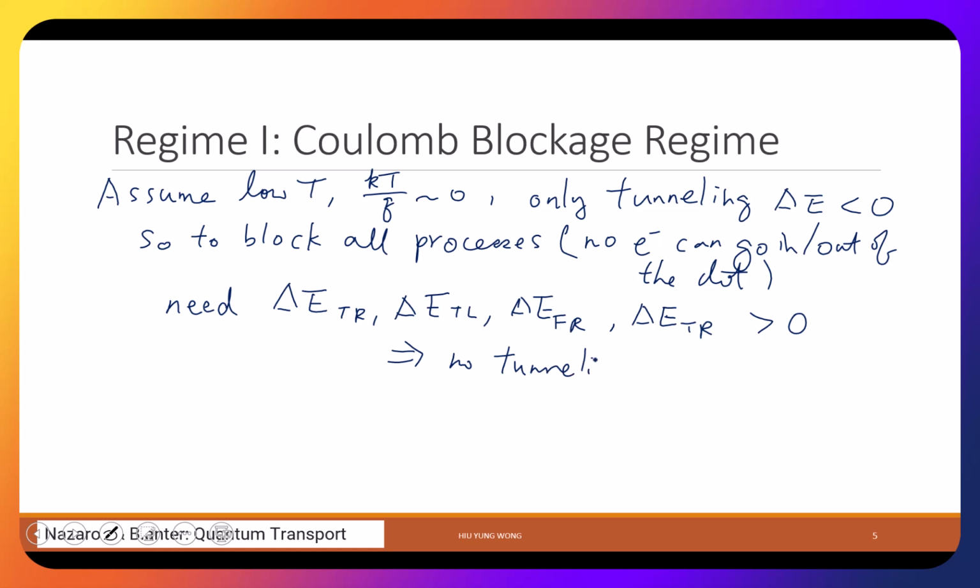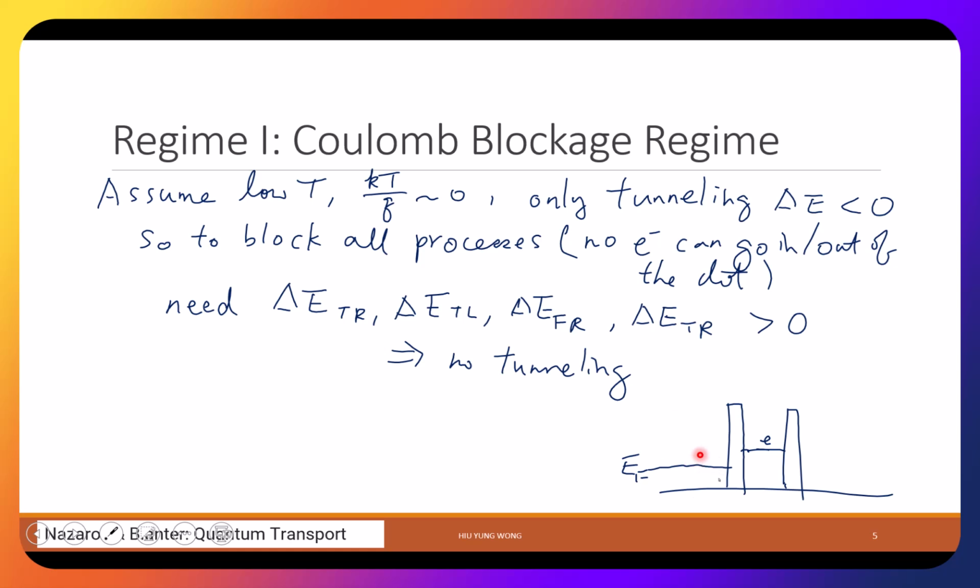This is the first thing. Make sense? So if any of the... If it's greater than 0, it means that if I put an electron to here, then the energy rises, right?